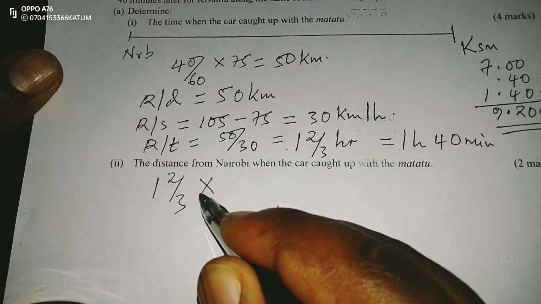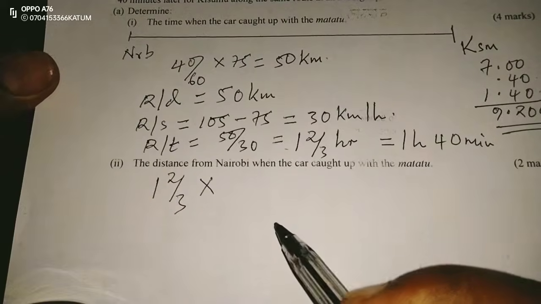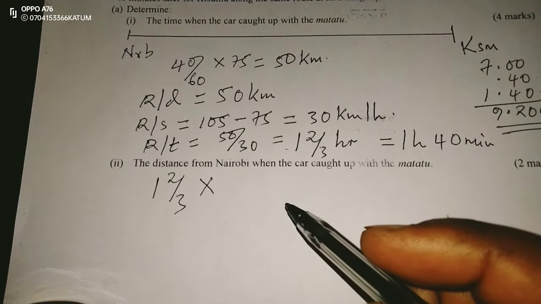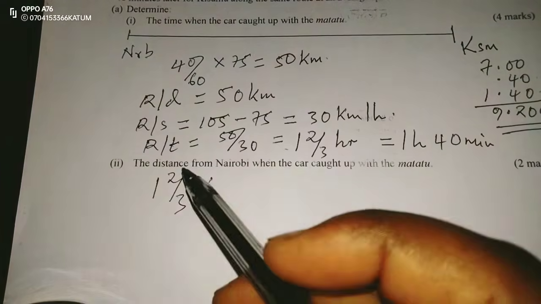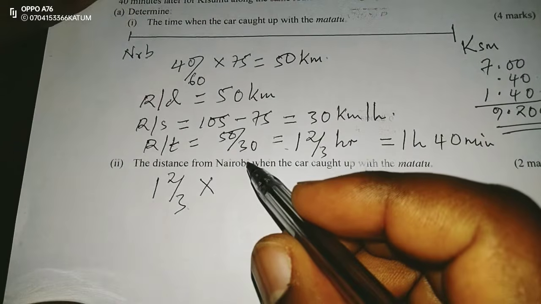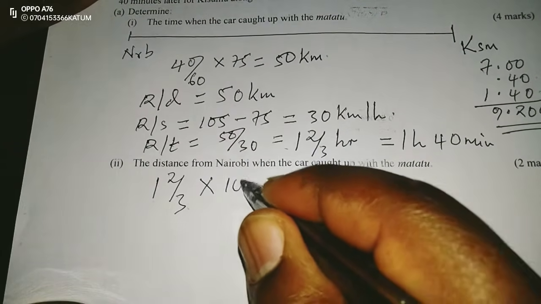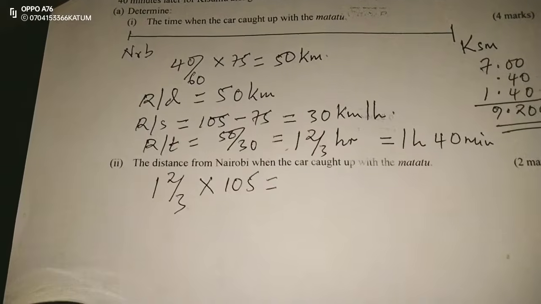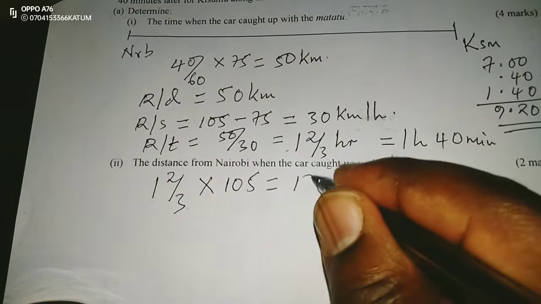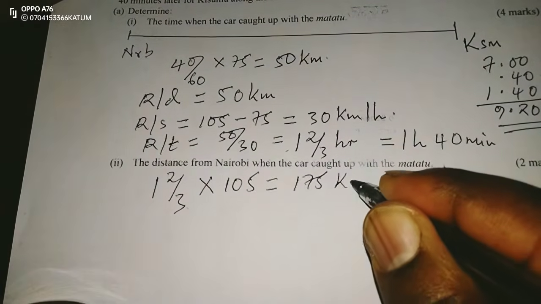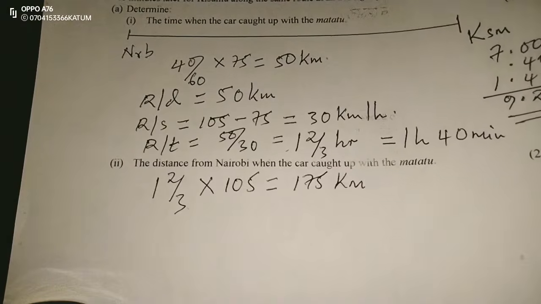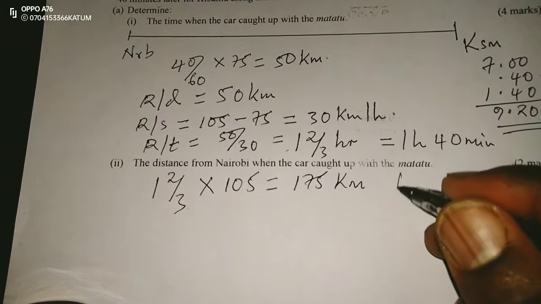And we have the car traveling, we can use the speed of the car for 1 2/3 hours. When the car is traveling at a speed of 105, we're going to have 175 kilometers. 175 kilometers. This is from Nairobi.